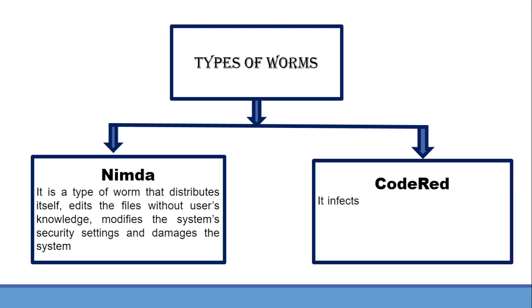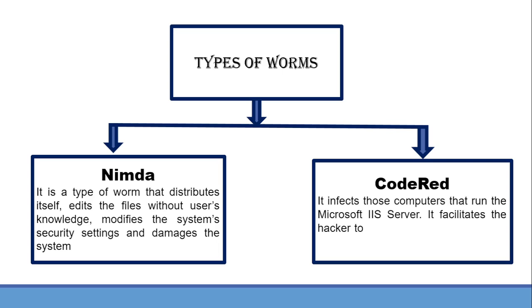Then second we have CodeRed. Now CodeRed is a type of worm. It infects computers that run the Microsoft IIS server. It allows the hacker to access the infected system remotely. Now here you have to understand what the Microsoft IIS server is. IIS is the Internet Information Services server, and it is a type of web server.